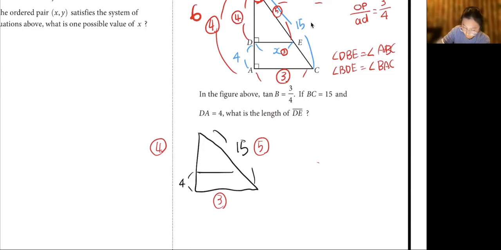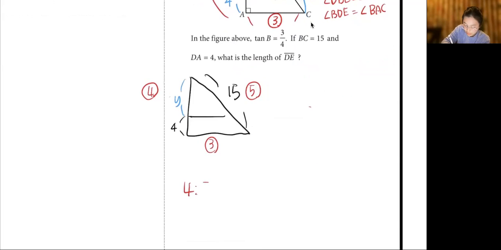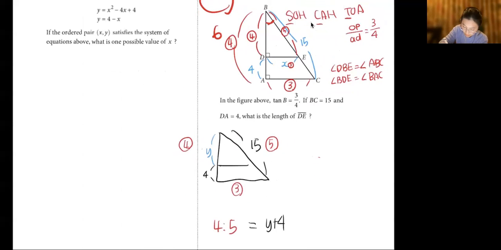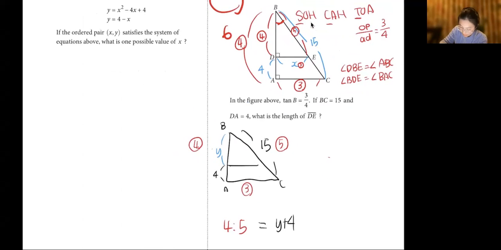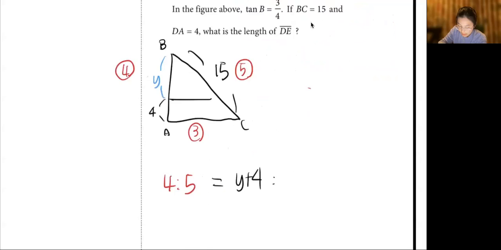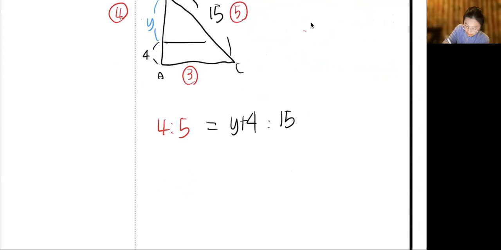Let's just use y for this unknown. The ratio 4:5 is going to be y plus 4, because that's the length of AB, and we know the ratio 5 part is equivalent to 15.